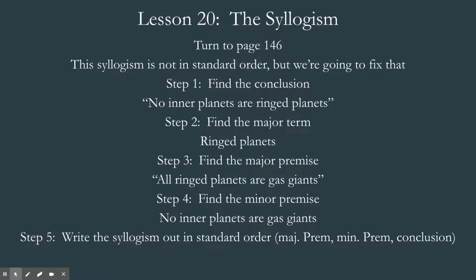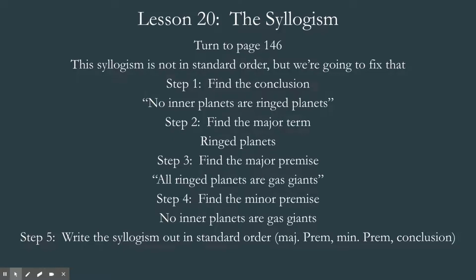All right, so the major term is the predicate of the conclusion. So Wilder, what is the major term of number 1? Have you circled the conclusion, Wilder? Okay, so the major term is the predicate of the conclusion. So theology. So the major term is theology.